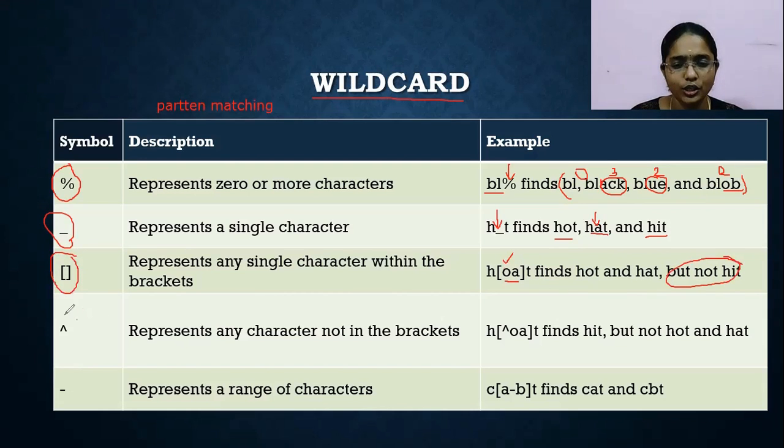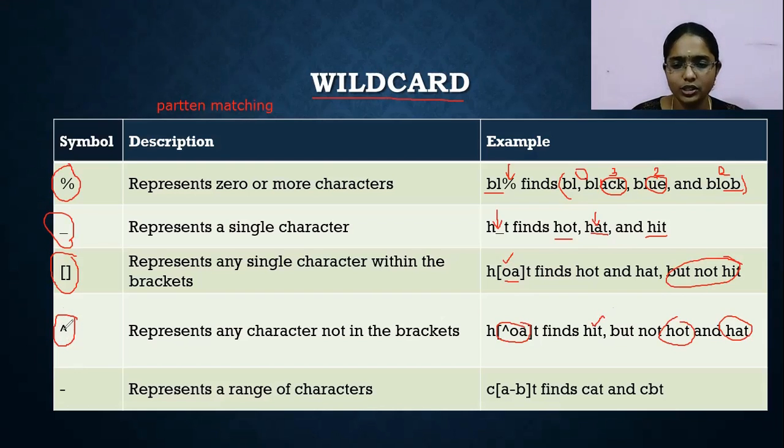And next is the power symbol. It represents any character not in the bracket. So this is nothing but not in the bracket. Here, apart from these two characters, all the other characters can be formed. For example, here HIT is formed where HOT or HAT cannot be formed. The reason is I have mentioned this NOT operator, which I will be naming as the power symbol or XOR operator.